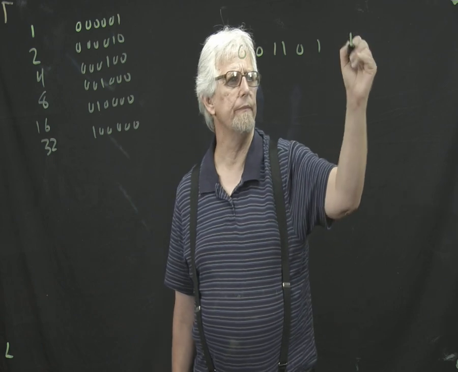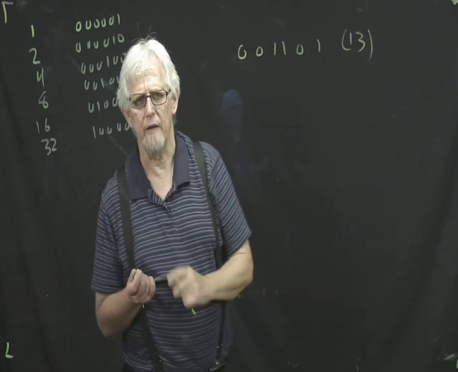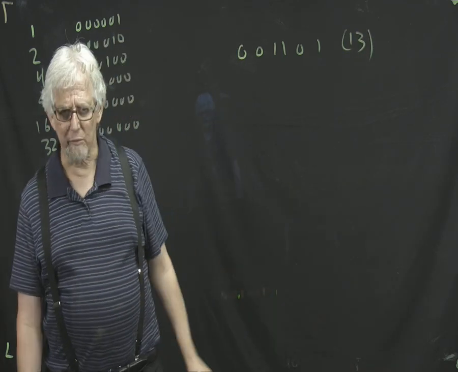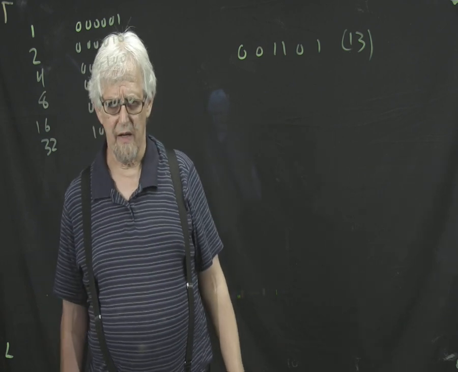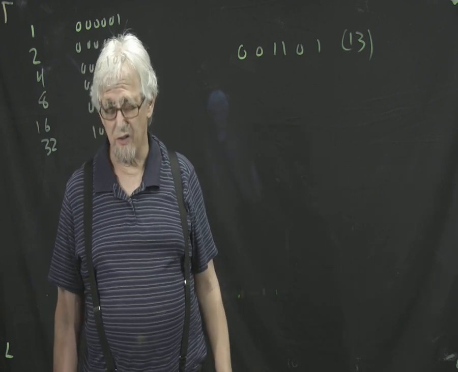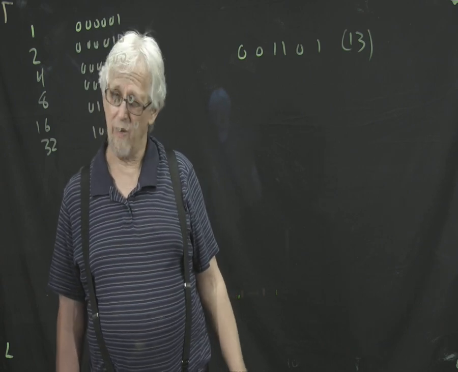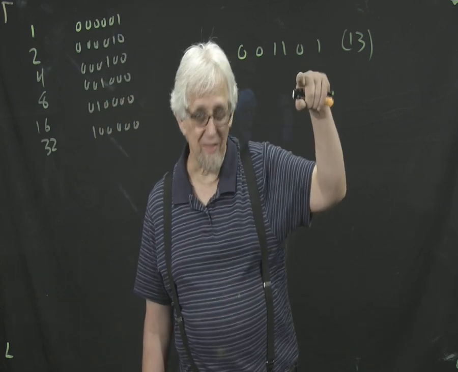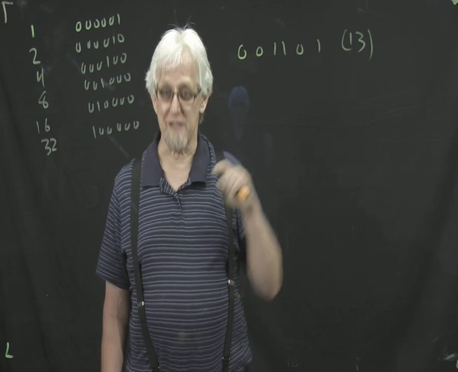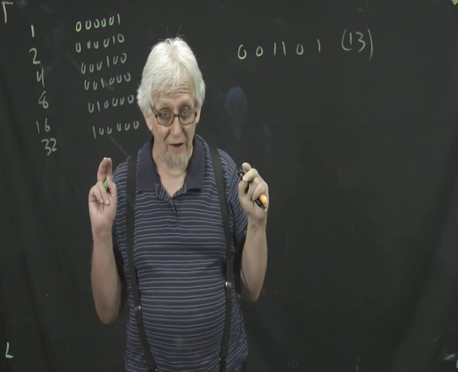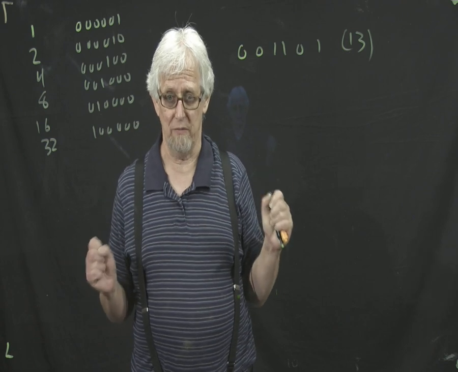So that's 13 in binary. And what I want to do is find a number which, if I add it to this thing, I'll get 0. That's how I'm going to define minus 13.